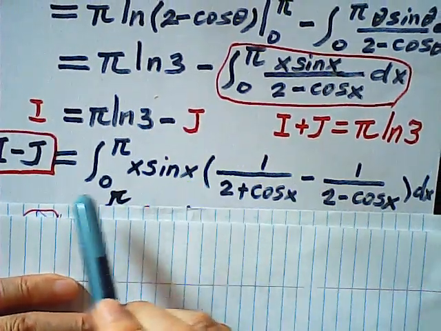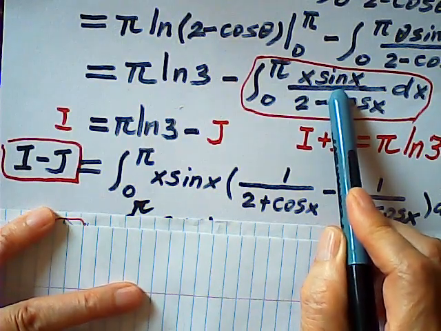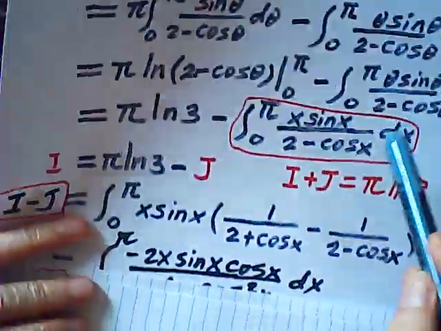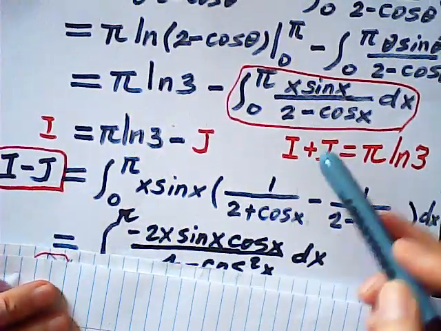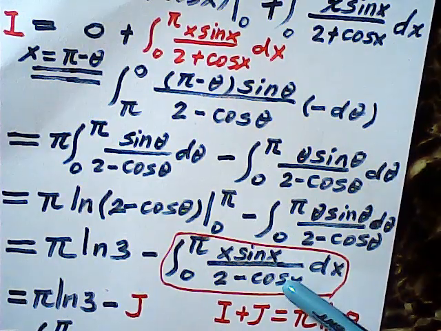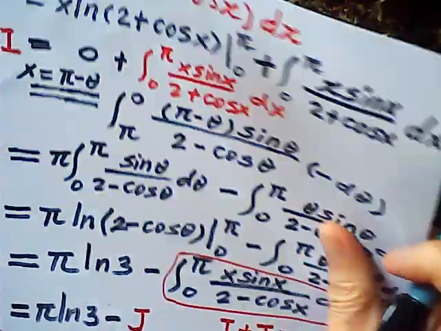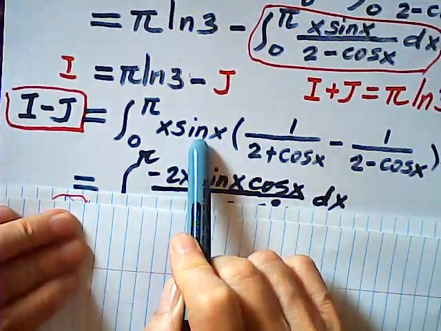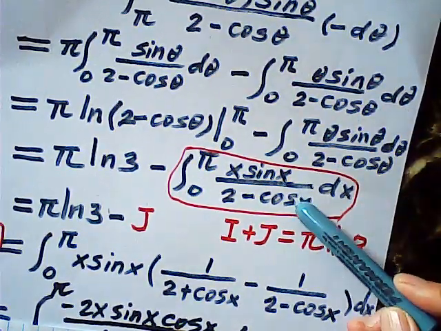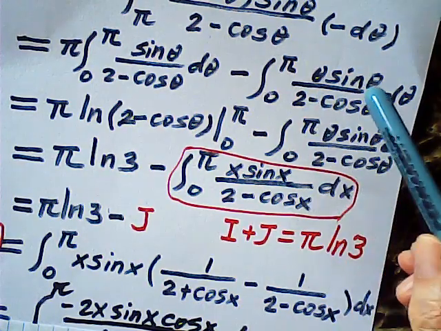Now then, I'm considering I minus J. This is J, this is I. So I minus J becomes this minus that. They have a common factor, x sine x. So x sine x is taken out, and this denominator minus this denominator.